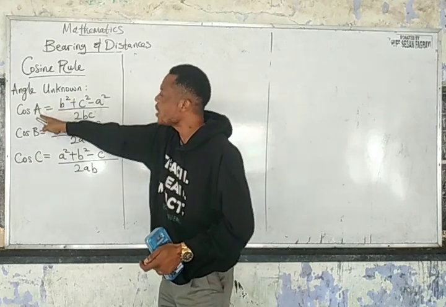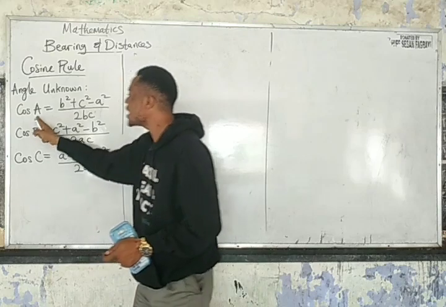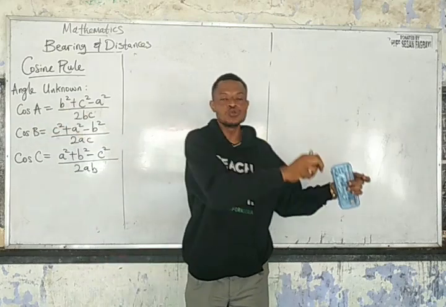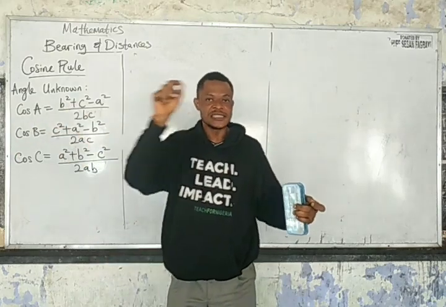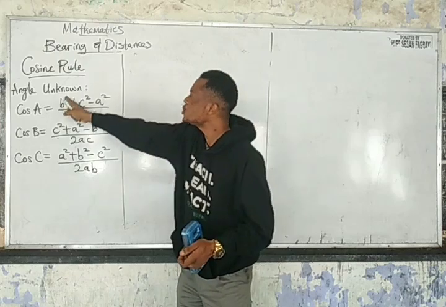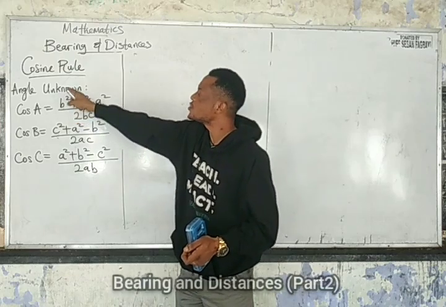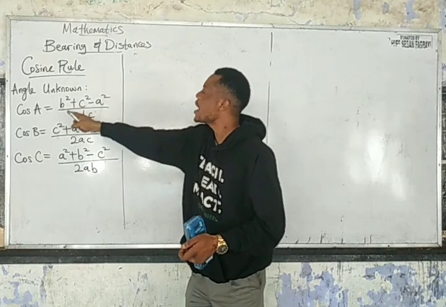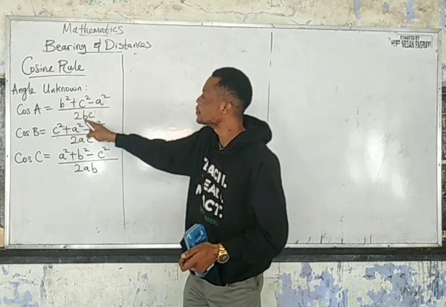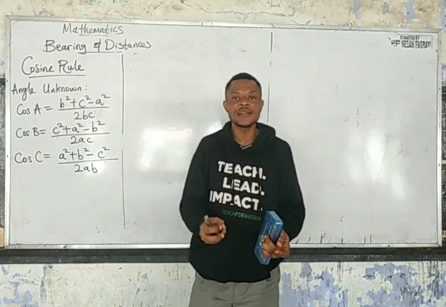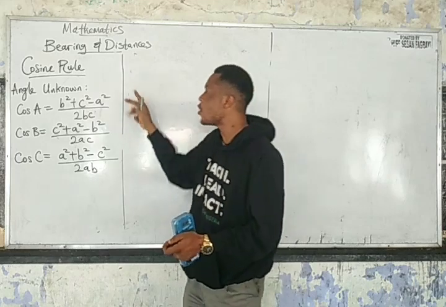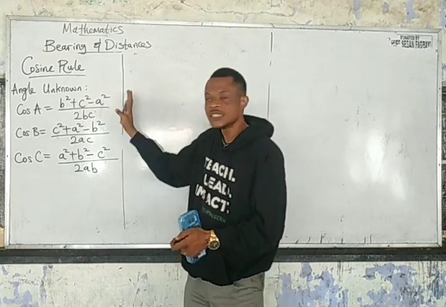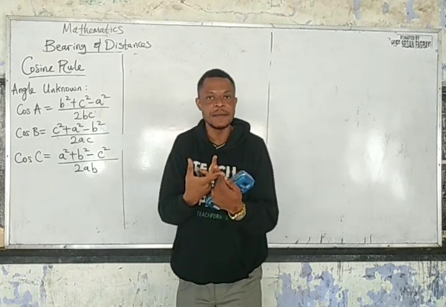To know the angle A, we have the formula to be cos A equals the two sides, that is the b and the c, of which we are going to square the two, b squared plus c squared minus a squared, everything all over 2bc. So it is important for you learners to understand what these formulas are without mixing them up.